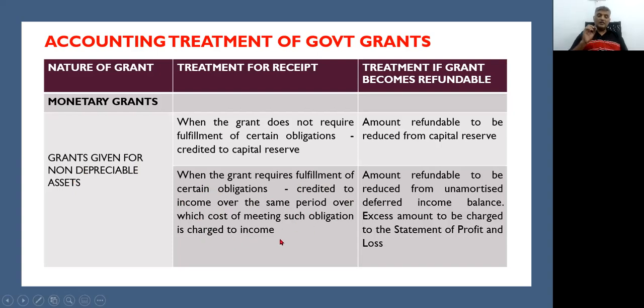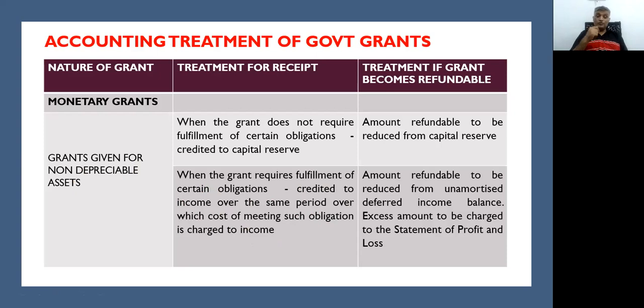When there are strings attached, with obligations which we need to comply with, there is going to be a cost for meeting such obligation, right? So if that obligation is going to be 5 years, then we will recognize the grant as an income over a 5-year period.